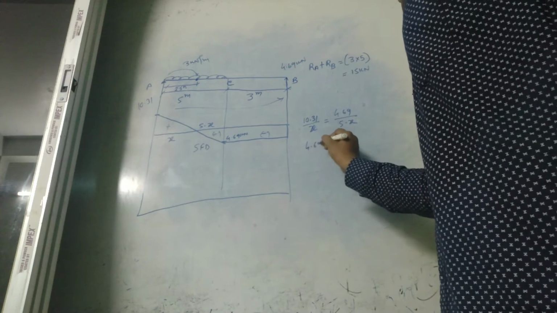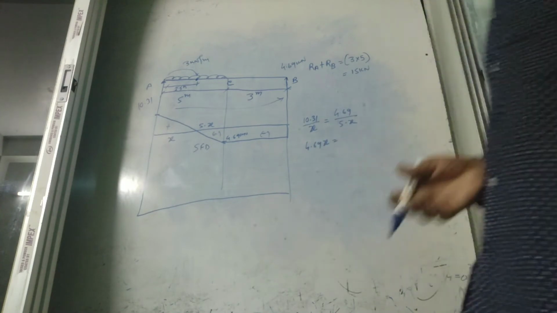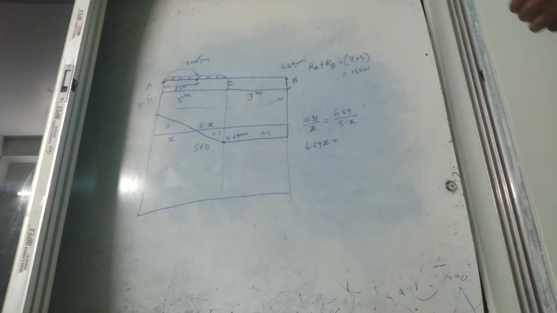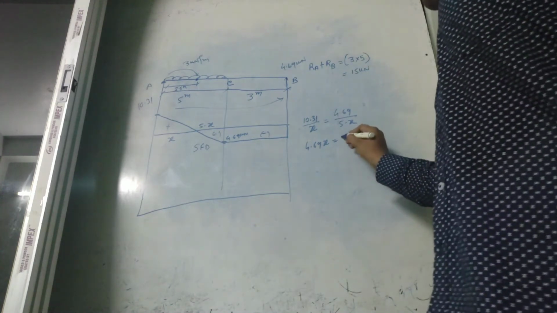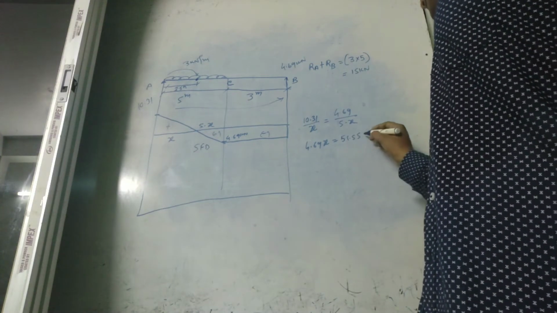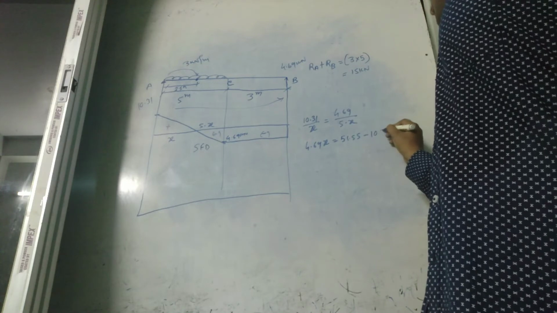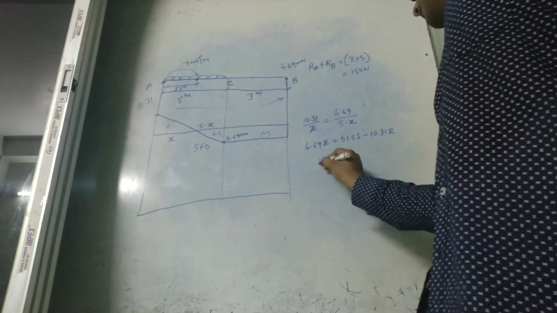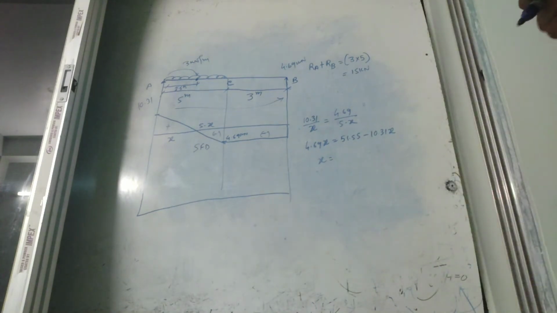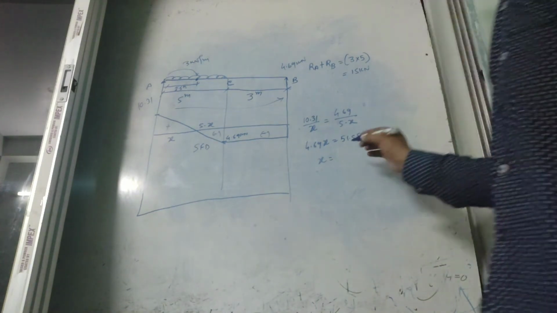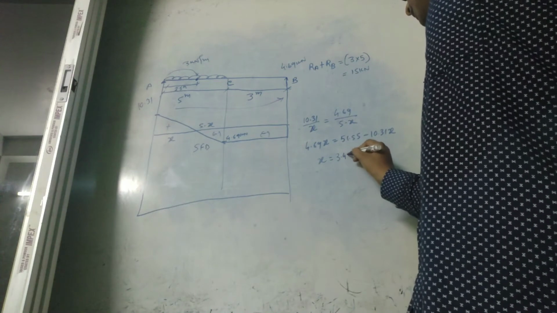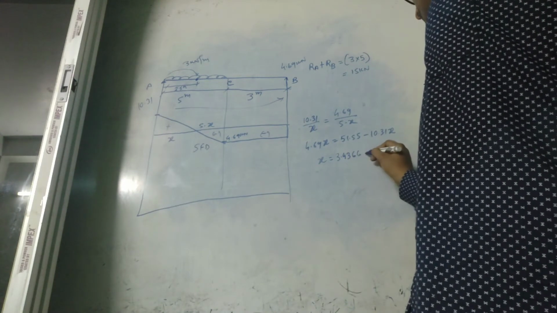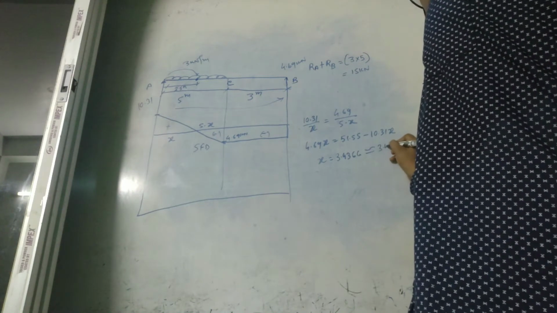Then 4.69x equals 51.55 minus 10.31x, so 15x equals 51.55, and x equals 3.44.